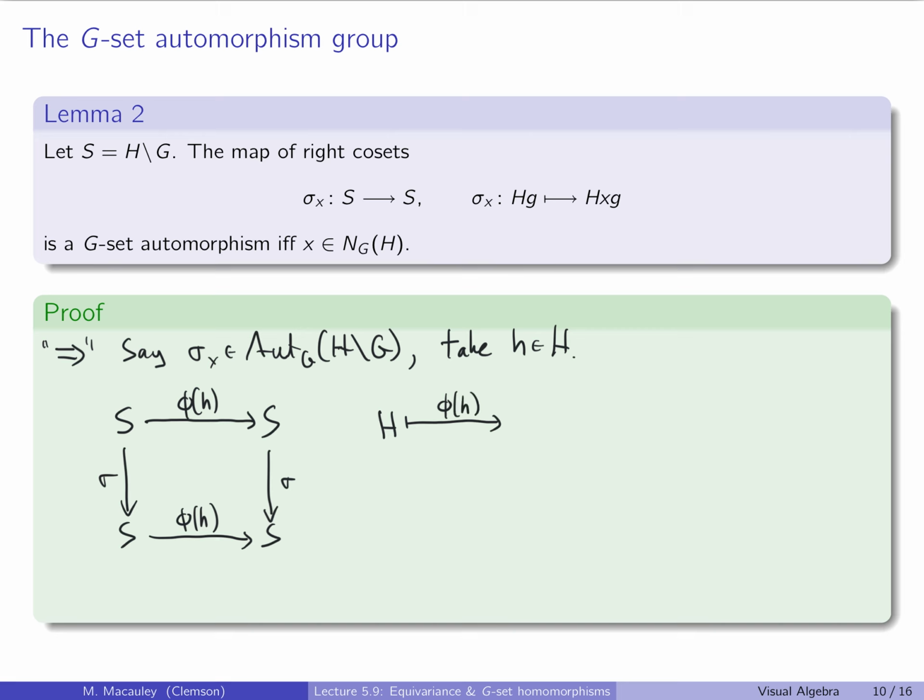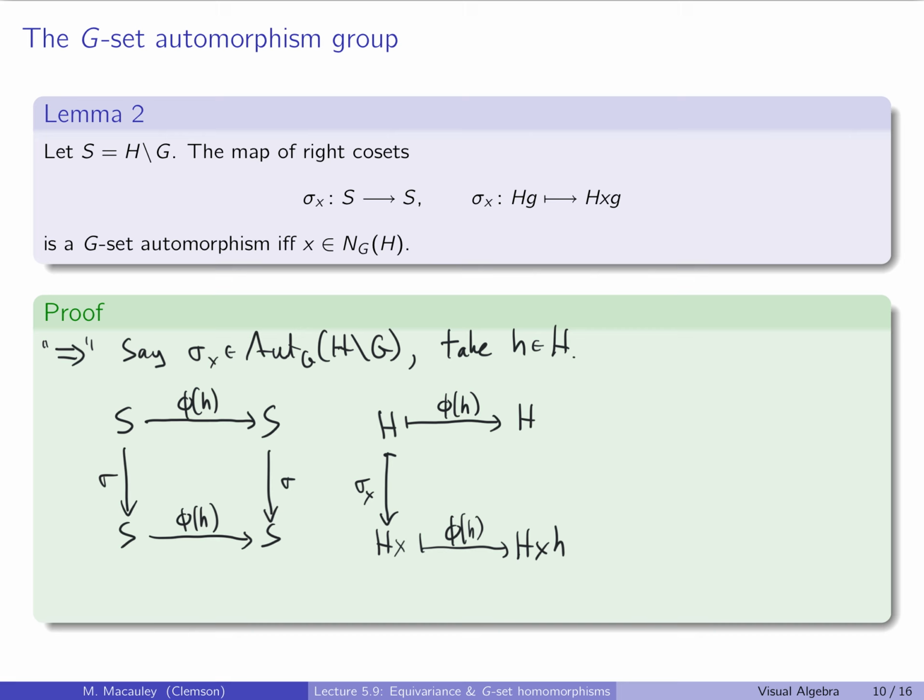If we do that, we multiply this by an element in H, so we just get H itself. That's our boring but useful coset lemma. And then when we apply sigma x, we get Hx. And then when we apply phi of h again, we're just multiplying by little h. So we get Hx little h.